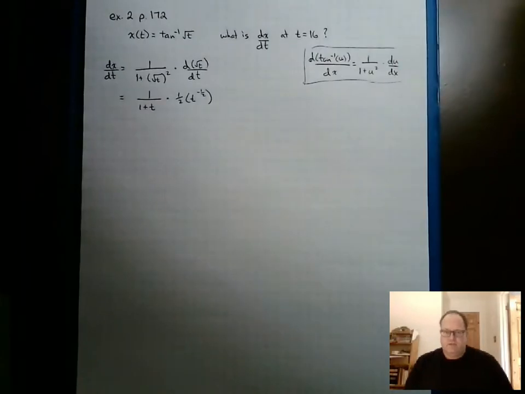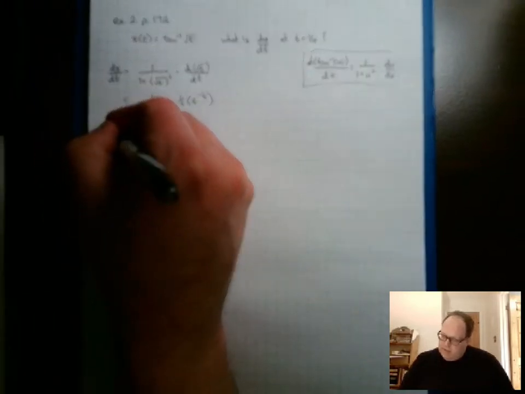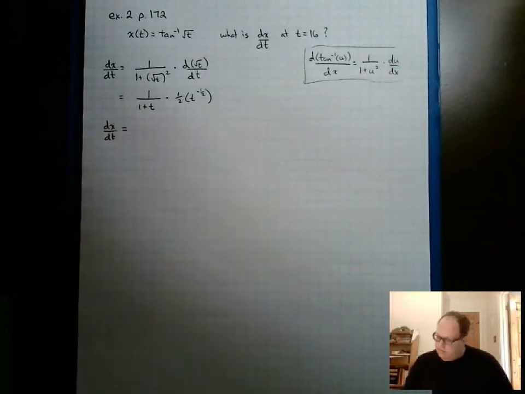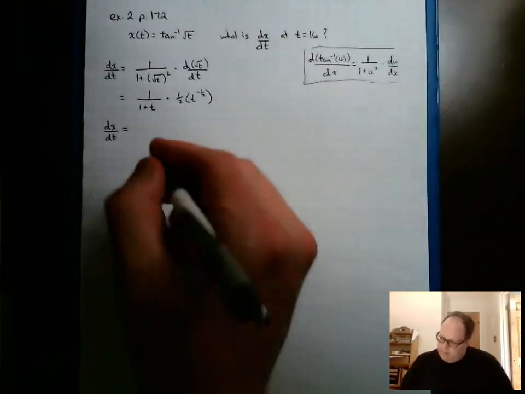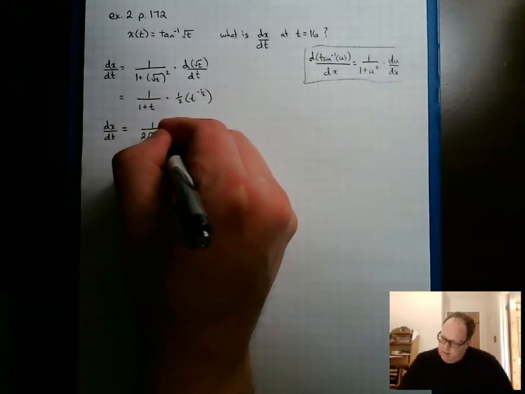I apologize for all the focus weirdness with this thing. So with some simplification, I can write that dx dt is equal to 1 over 2 root t times 1 plus t.